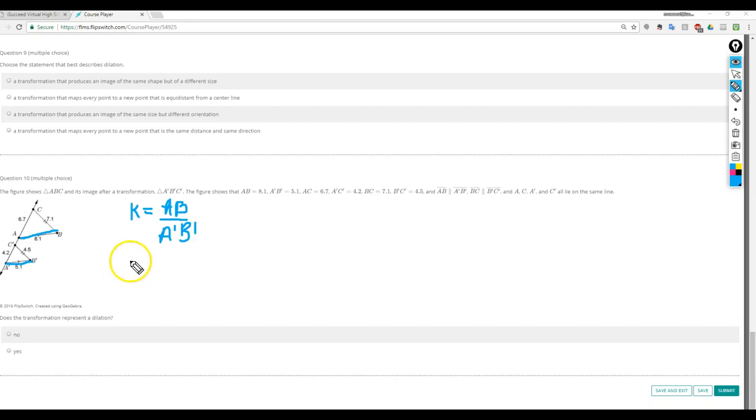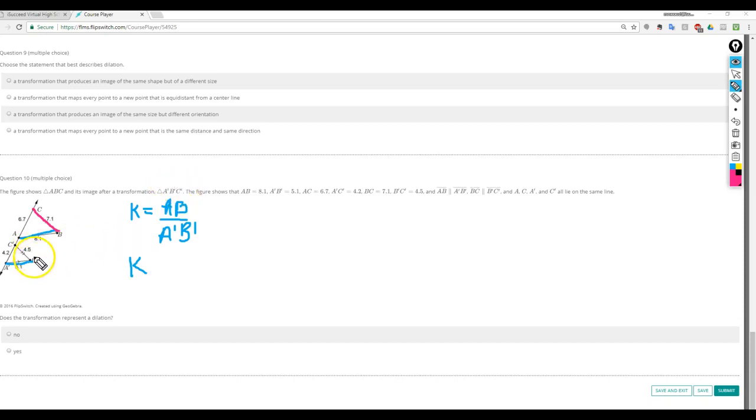We also need to find the scale factor for the other two corresponding sides. So then in naming it, it goes triangle ABC. So from B to C, we need to find its corresponding side, and in the naming of it, it says A prime, B prime, C prime.